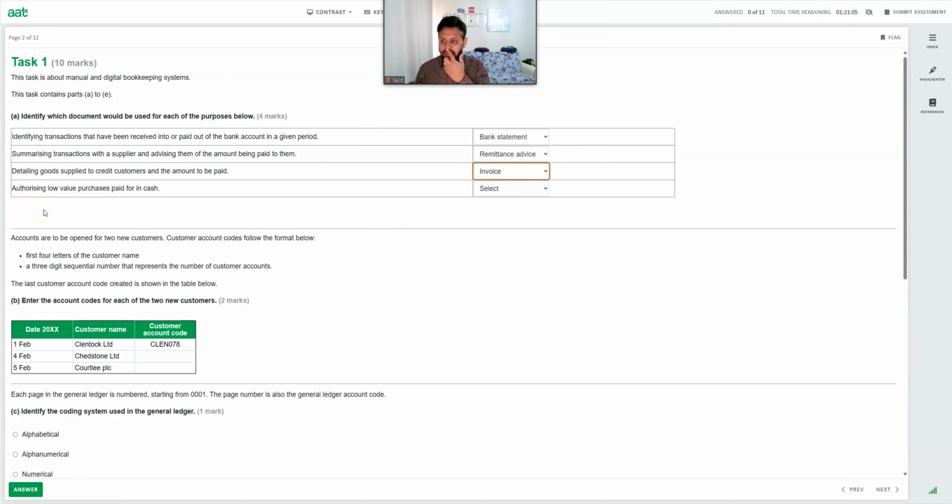All right, then we have authorizing low value purchase paid for in cash. Remember, if there is any low value payment, for example you paid £5 for the postage, £2 for the coffee, or £5 for the stationery, normally you pay cash, and it's called petty cash. Sometimes an employee spends some money from their own pocket.